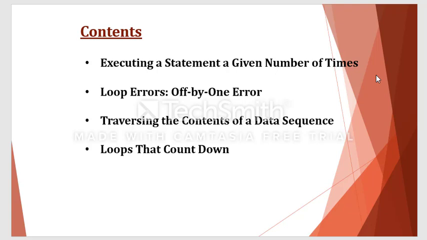We can traverse those elements using a for loop and the range function. The last topic is loops that count down. A for loop can be used to print the reverse of a string or the reverse contents of a list or a tuple.